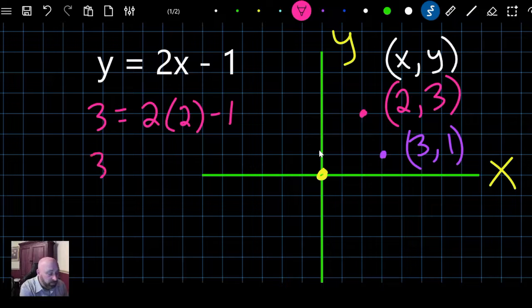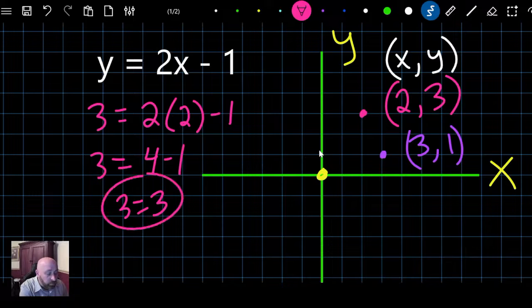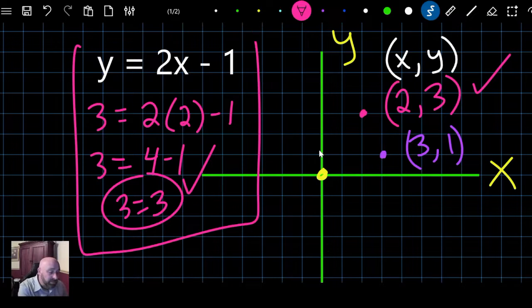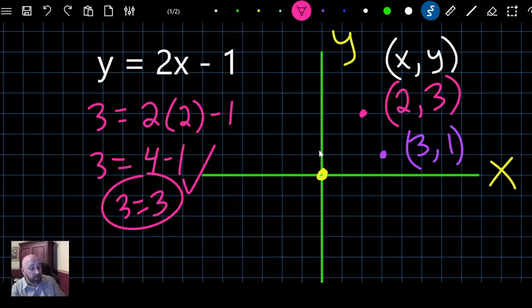Solve it. 3 equals, what's 2 times 2? 4 minus 1, 3 equals 3. Does 3 equal 3? Yes, it does. Is this 2 comma 3 on the line? Yes, it is. Why is it on the line? Because it verifies, it checks when we plug it into the equation.